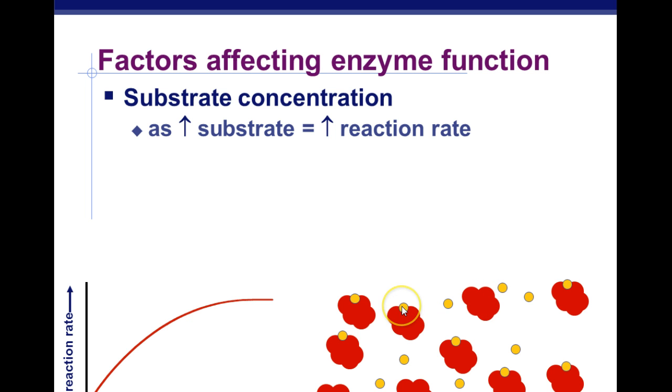And once this enzyme does its job and releases its products, fructose and glucose, then this next substrate has a chance to move in. So that reaction rate again goes up, but remember the line would look the same. It would just shift upward. That indicates an increase in reaction rate.